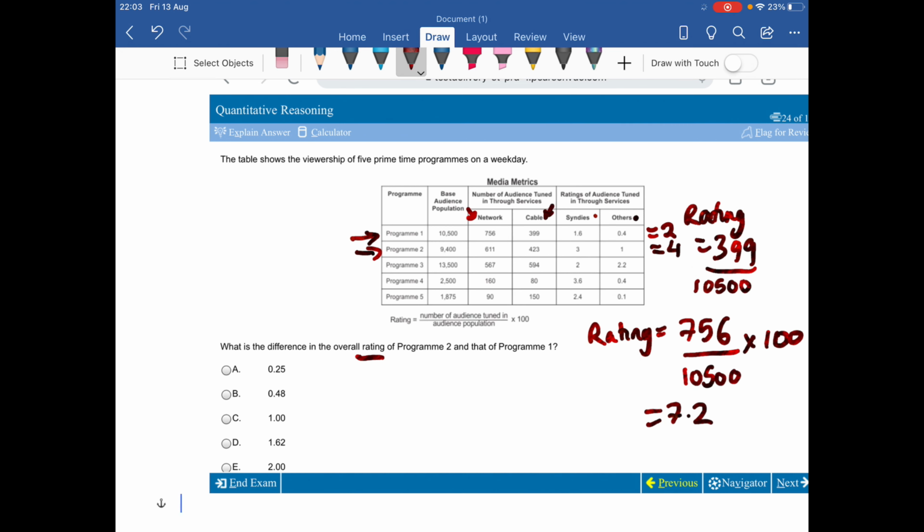And I do the same thing for the cable column. So that would be 3.8, and then I add all of them. So I do 2 plus 3.8 plus 7.2, which would basically be 13. And then that's for program 1.